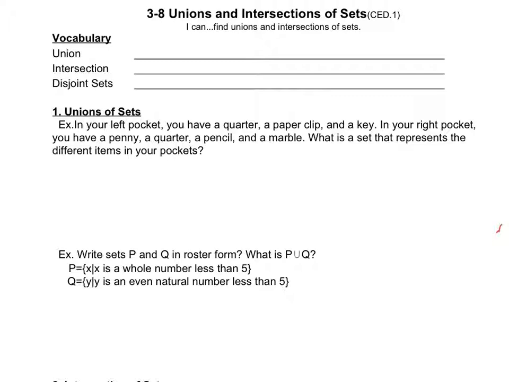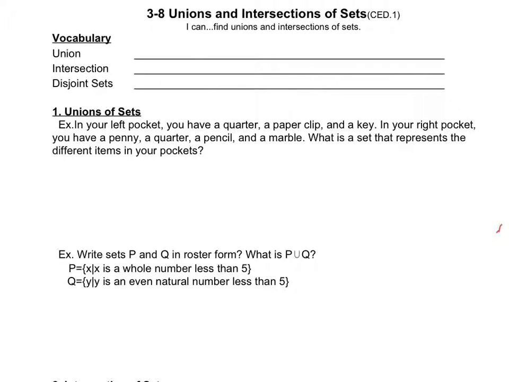You can think of the union this way: the verb form of union is to unite, and unite means to put together to make a single unit. So we're taking the two sets and making a single unit, versus the intersection, where we have the overlapping. The verb for intersection is to intersect, and intersect means to share a common area.